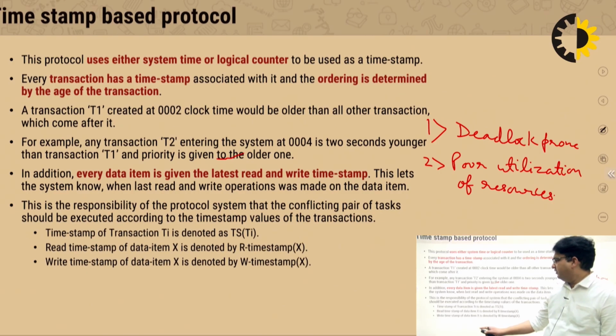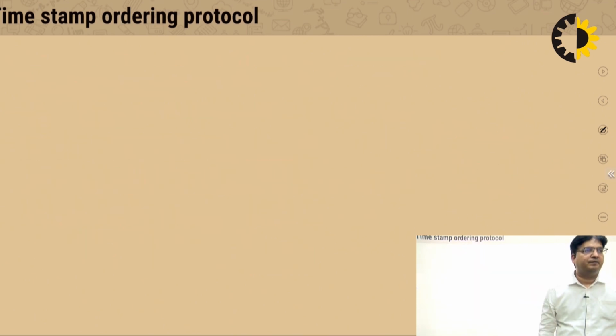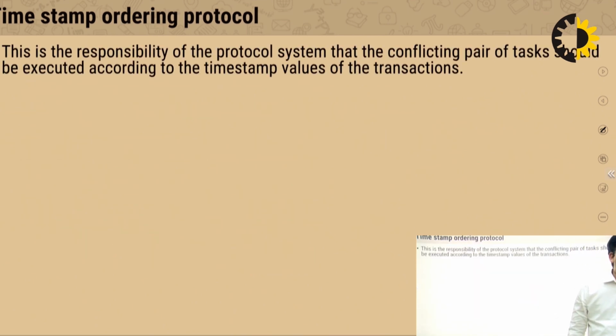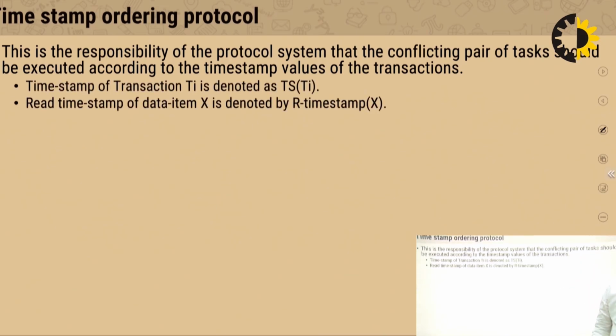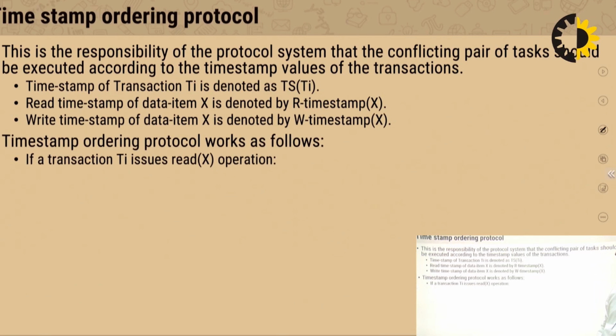The timestamp is denoted by TS(Ti). The read timestamp is denoted R-timestamp(X), and the write timestamp is denoted W-timestamp(X). It is the responsibility of this protocol that conflicting pairs of operations be executed according to the timestamp value, so that even if there is a conflict, the transactions do not suffer from that problem. A transaction can perform only two operations, either a read or a write.